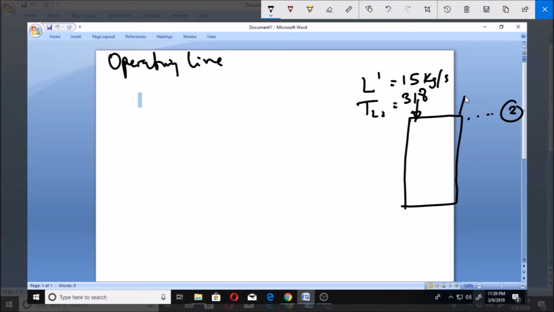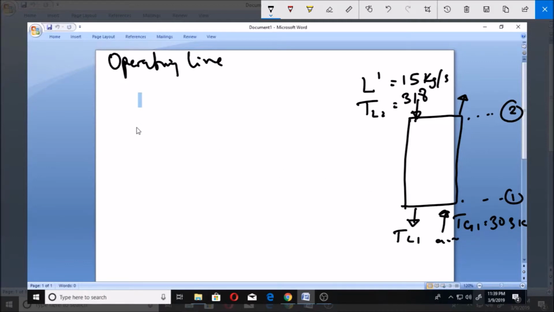We have the gas going out here. Then down here we have TL1 at point 1, and we have the gas going in here with TG1, which is 303 Kelvin, or the air.